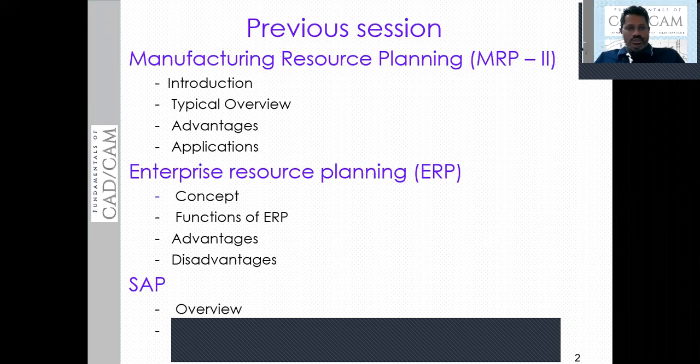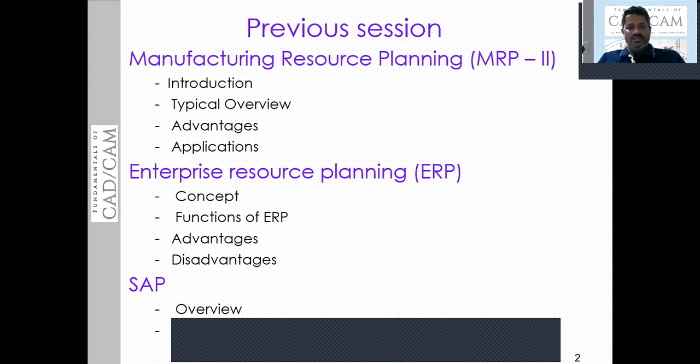Let me quickly go through the previous session contents. In the last class, we have seen manufacturing resource planning, MRP2, in which we covered introduction, typical overview, advantages, and applications.